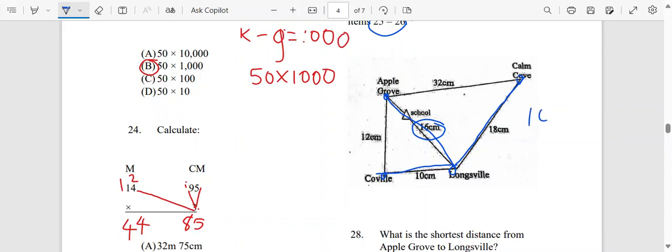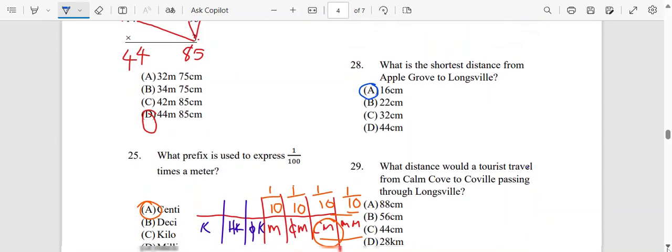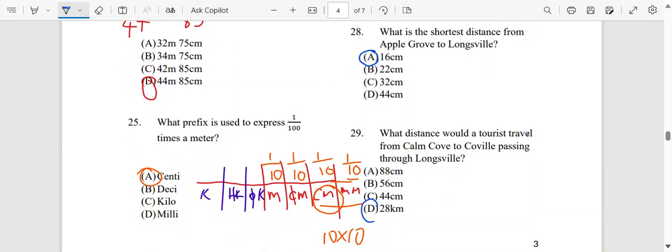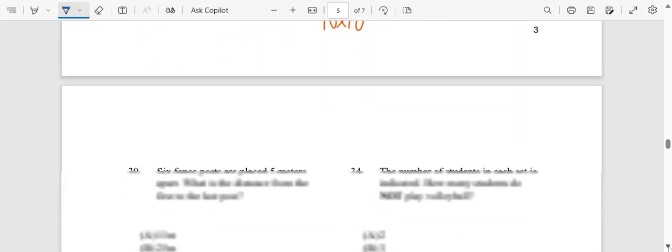All we need to do is add those 10 and the 18, and we get 28. So 28 would have been our answer right there, kilometers. Remember, if you notice you see centimeters right there, it cannot be centimeters because we're talking about long distance. It has to be kilometers. Well, that's a given.